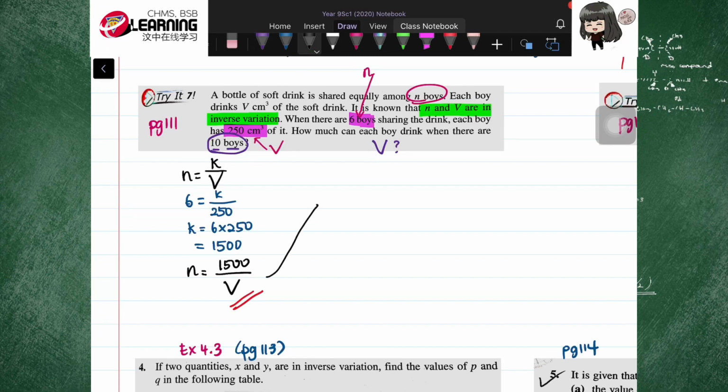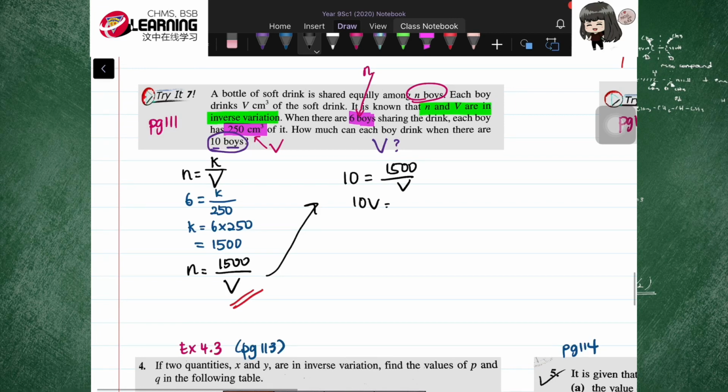From the equation we found just now, your n is 10 and the volume is the one you need to find. So 10v equals 1,500, and v is 1,500 divided by 10, which gives you 150 centimeter cube. So your volume is 150.